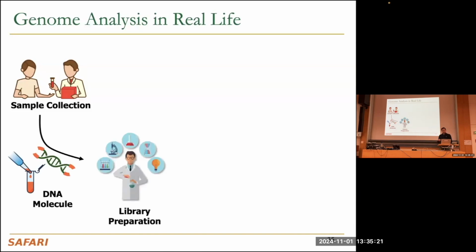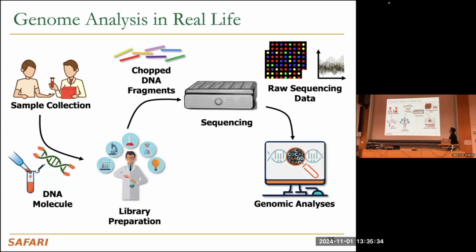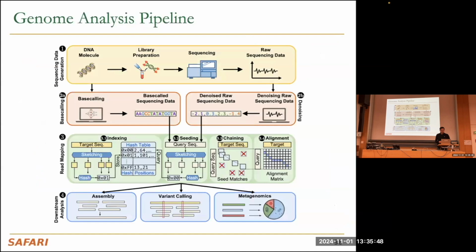And then we prepare it so that the library that contains your genomic data can speak to the machine, which is the genome sequencing machine. This genome sequencing machine then generates the raw sequencing data. Then we use this raw sequencing data to do the analysis. Here, most of the computational steps are here, and we're mostly interested in these parts.